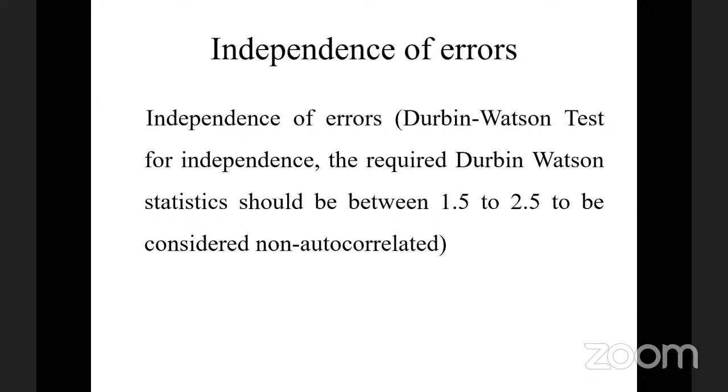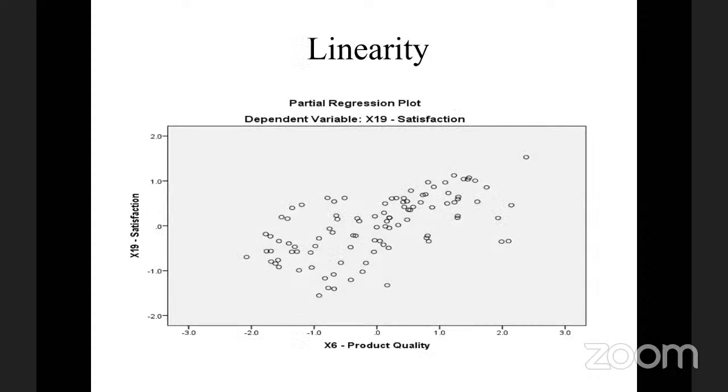In time series data, the error term of the previous day should not be related to today's data. The Durbin-Watson value should be between 1.5 and 2.5, the desirable range. If it is outside this range, there is a problem and the errors are not independent.